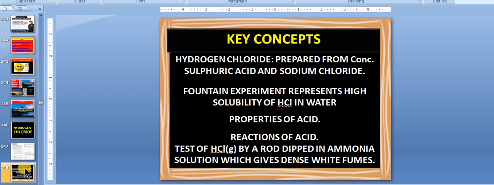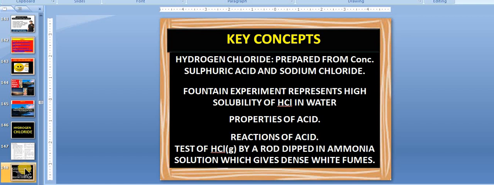The key concept in this hydrogen chloride chapter is the preparation of HCl gas from concentrated sulfuric acid and sodium chloride. This is the first concept. The second concept is the fountain experiment, what it represents. Sometimes students will write solubility of hydrogen chloride in water.